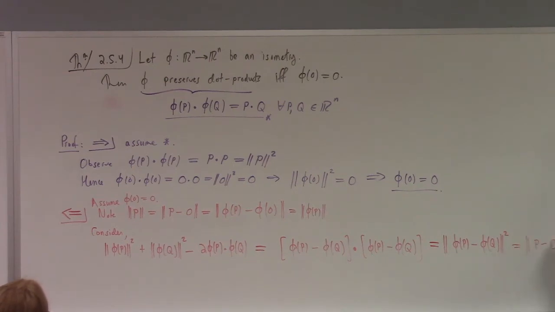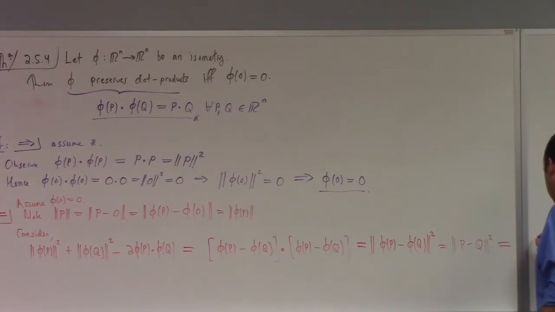So this is p minus q squared. And then essentially by the same calculation, we can rewrite that as a dot product, which is p minus q dot p minus q. And what happens with that? Well, that gives us the length of p squared plus the length of q squared minus twice p dot q.